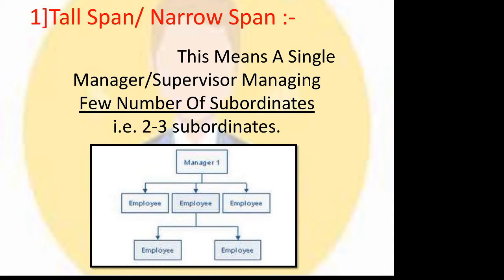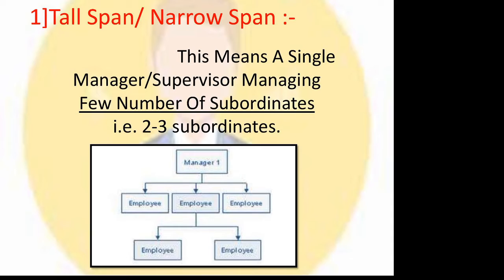Say here in this picture, you can see manager one will be there, and under him three employees will be there, and employee means supervisor, say for example, and under each supervisor two workers will be allocated. So this is actually tall or narrow span of management.